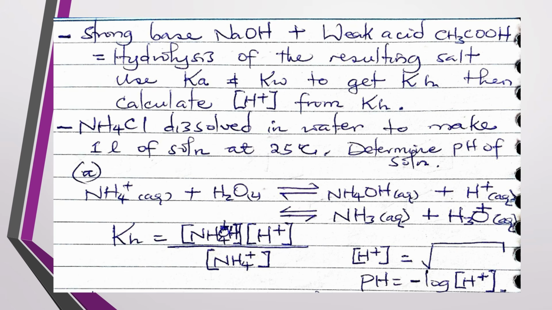So just a simple review on ionic equilibria because it's one of the most commonly examined topics. If you're having a strong base such as sodium hydroxide combining with a weak acid such as ethanoic acid, we expect salt hydrolysis to take place. And if you look here, we are going to form sodium ethanoate. That means that such a solution is going to undergo an ionic salt hydrolysis.